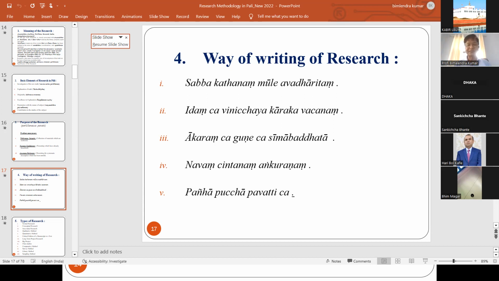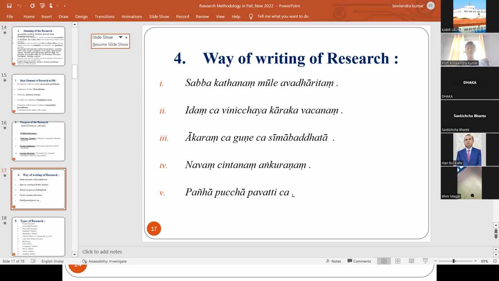So this is called Pahya Pucham Pavati, that there must be a purpose of raising questions. Pahya means prashna, that there must be a raising of some questions related with the research problems in the concluding part, so that future research scholars can also have some thoughts related with his further research also.